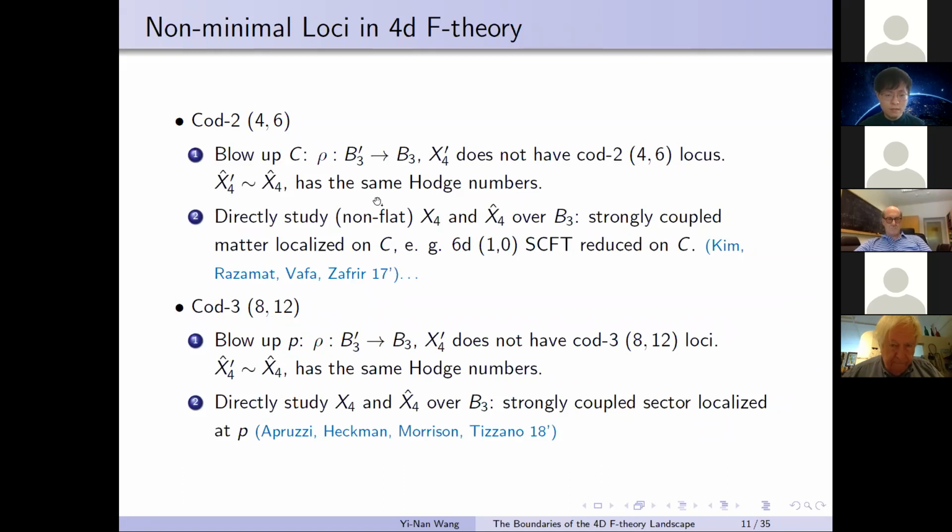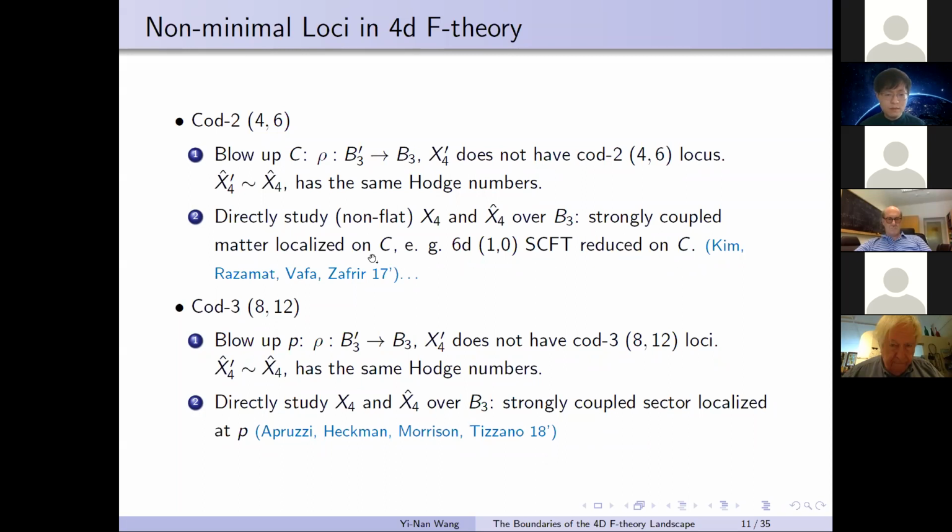Okay. And alternatively, one can also choose to directly study the non-flat fibration over the old base B3. And in this case, there will be some strongly coupled matter fields localized on this curve. For example, it can be a dimensional reduction of a 6-dimensional (1,0) SCFT on this complex curve.